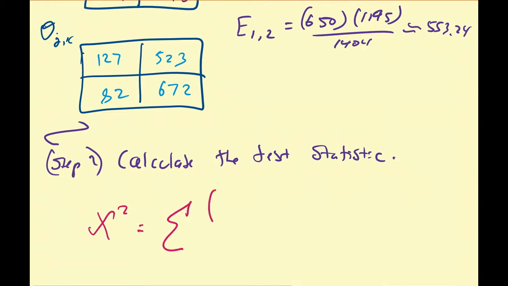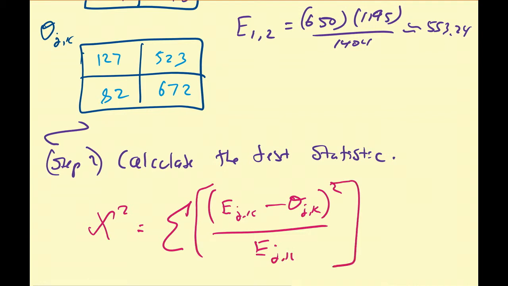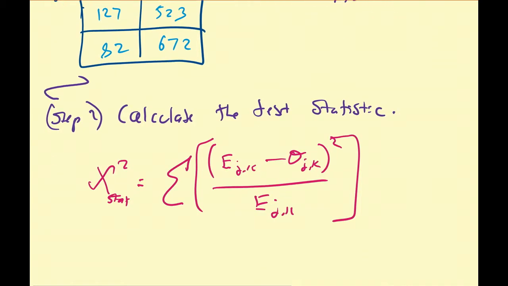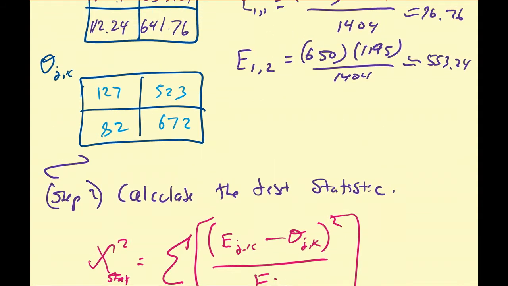So how are we going to calculate this? Our expected frequency for row 1, column 1 is 96.76, and our observed is 127. We subtract these two numbers, 127 minus 96.76, square it, and divide by the expected value, which is 96.76.